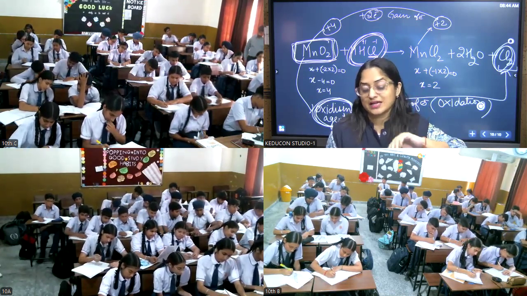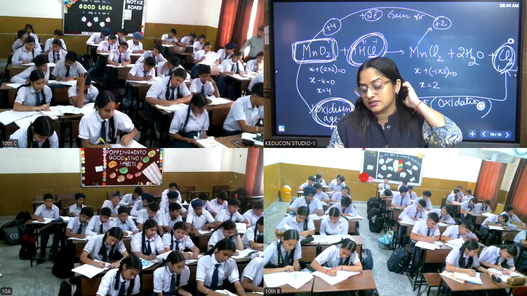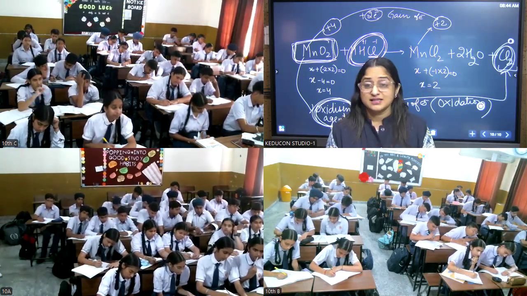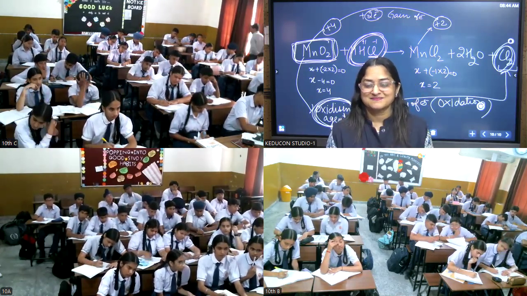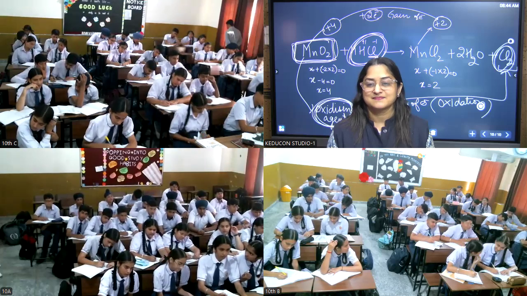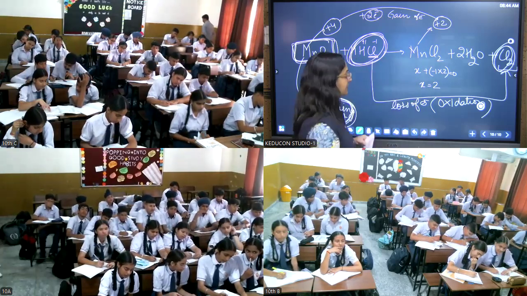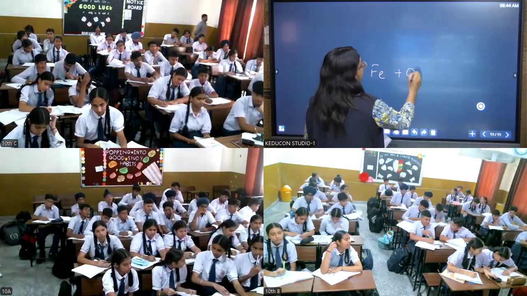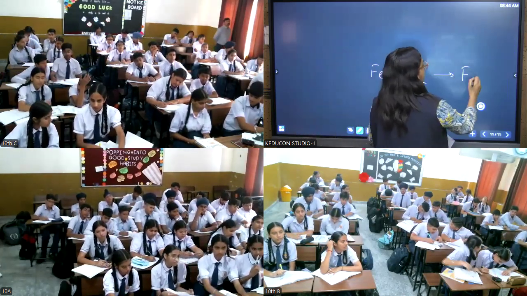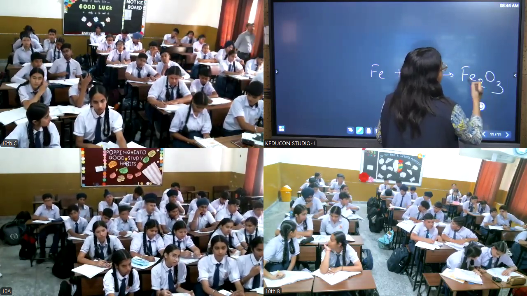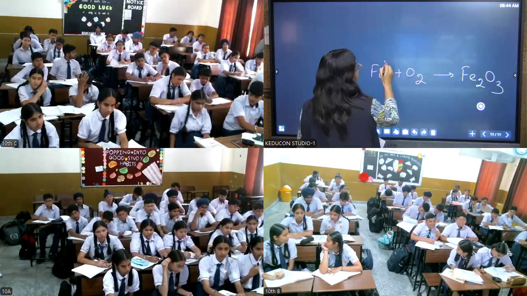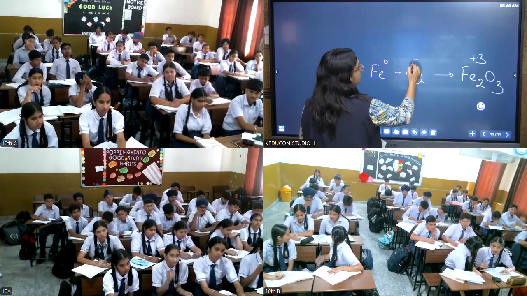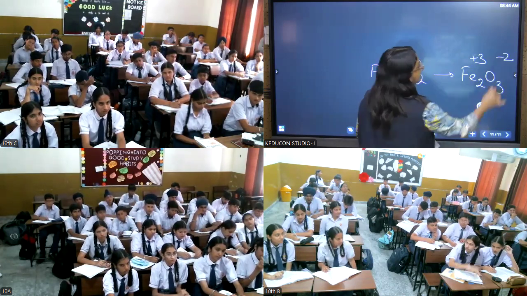12th question. Rusting is an example of a redox reaction. Is it true? True. Rust, do you know how it is formed? There is iron, there is oxygen, and rust is Fe2O3. Iron goes from 0 to +3, oxygen from 0 to -2.